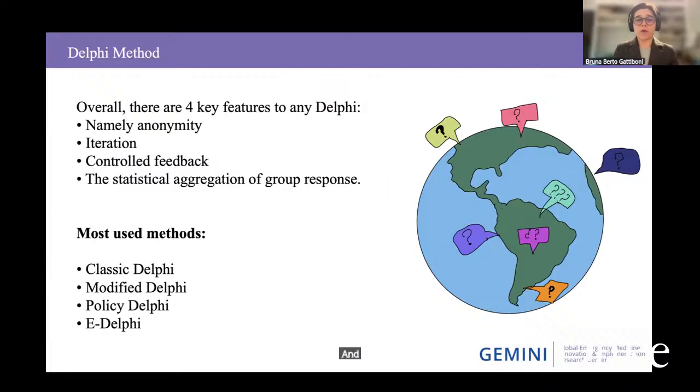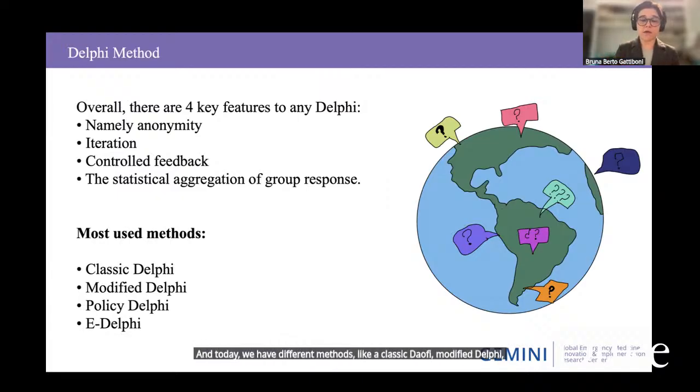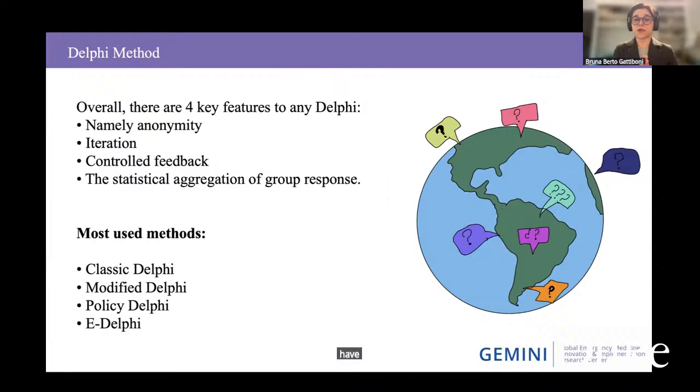And today we have different methods like classic Delphi, modified Delphi, Polish Delphi, and eDelphi. The classic Delphi has these four features, but also needs to be done in person, and this is not so easy today.